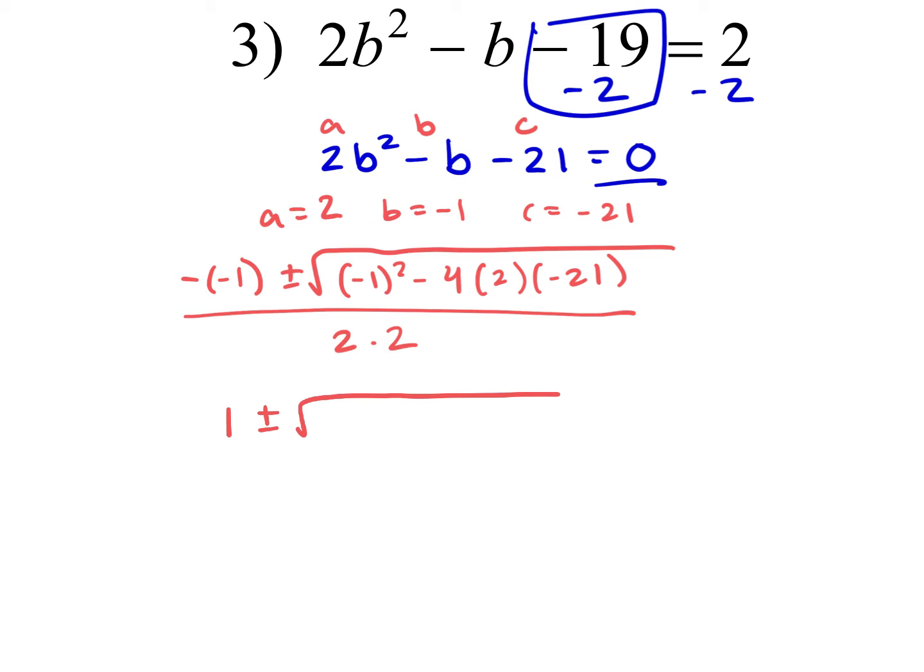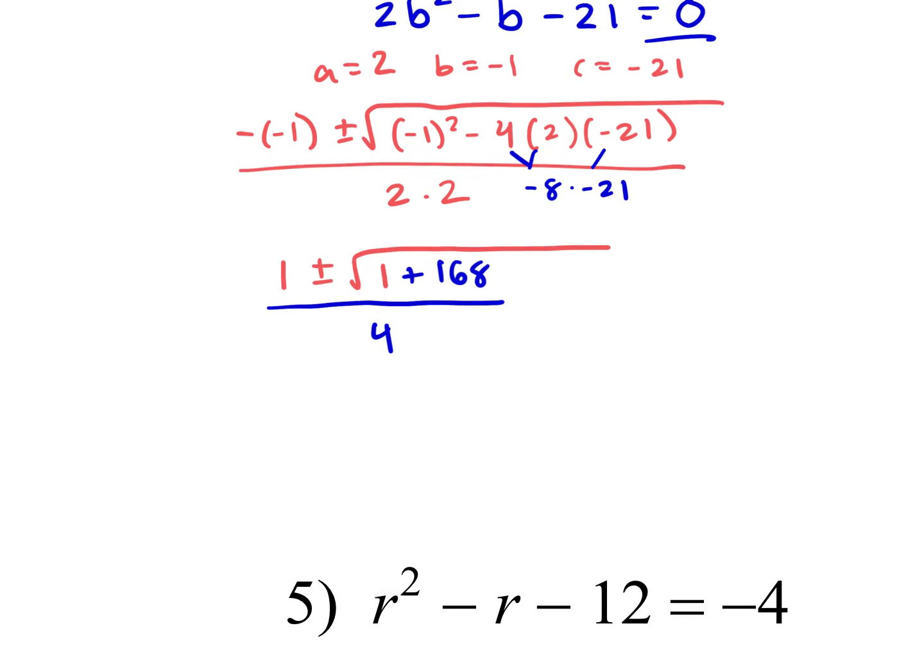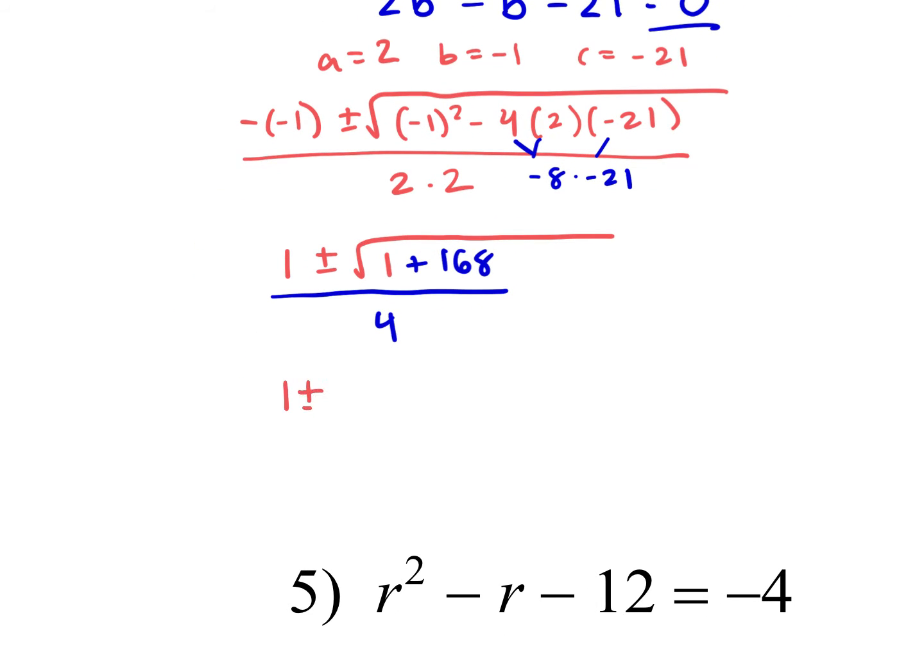What's negative 1 squared? 1. And then we can multiply. What's negative 4 times 2? Negative 8. And negative 8 times negative 21? 168. Awesome. And then over 2 times 2? 4. So then I have 1 plus or minus the square root of 169 over 4. And we can leave it like this.